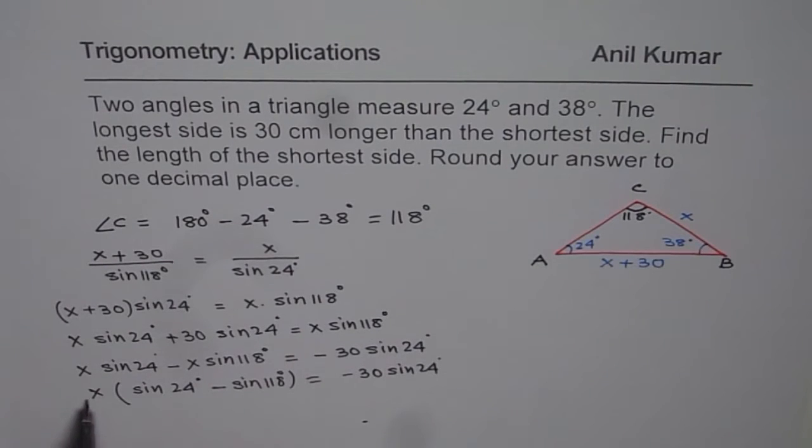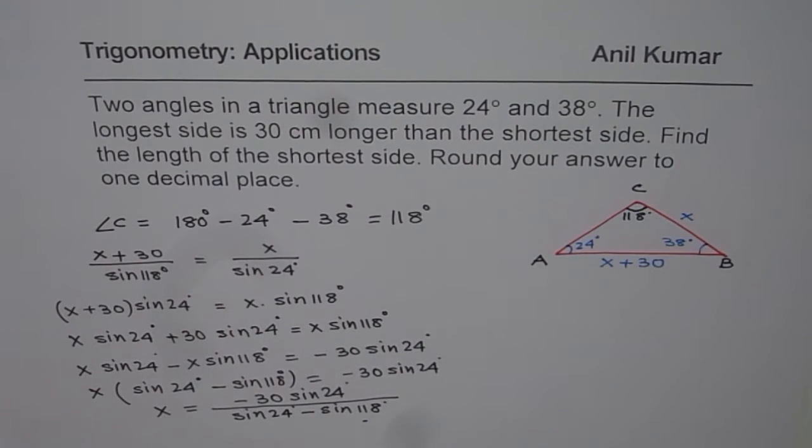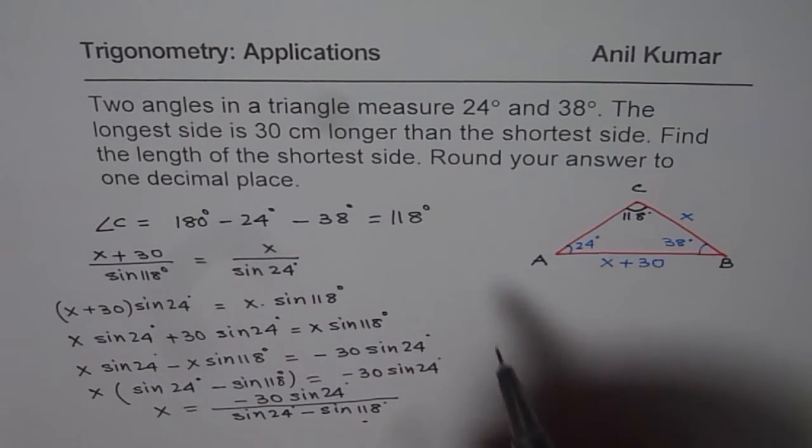Now we can divide by the term here. So we get x equals minus 30 sine of 24 degrees divided by (sine 24 degrees minus sine 118 degrees). Or I can rewrite this.